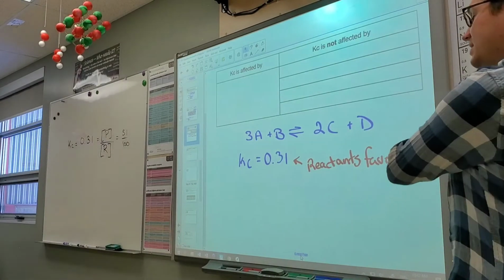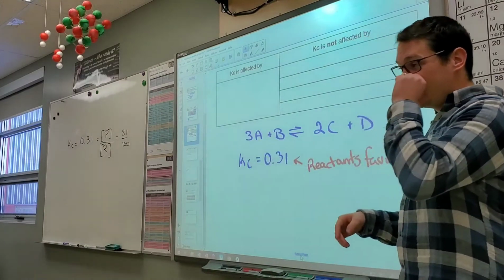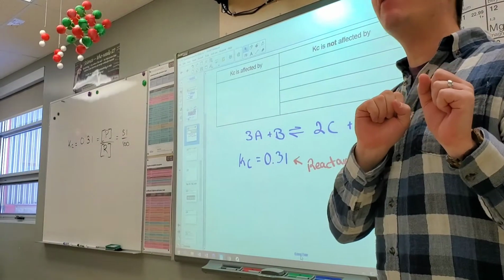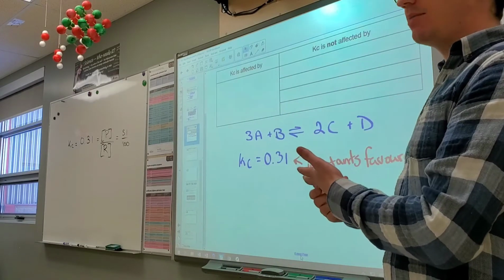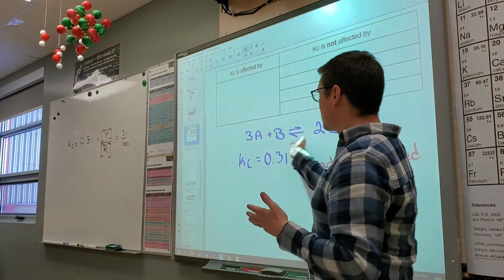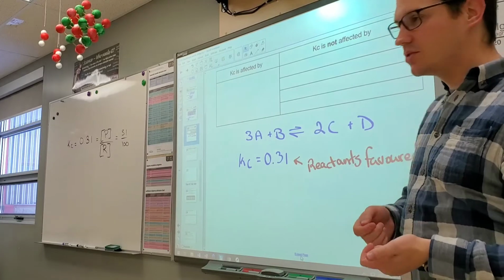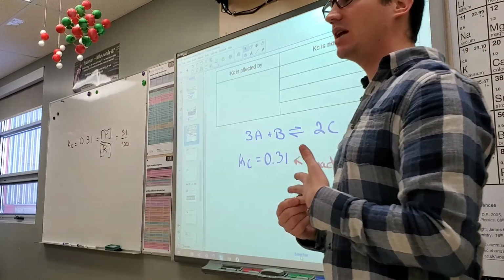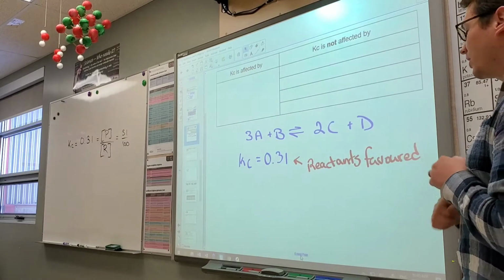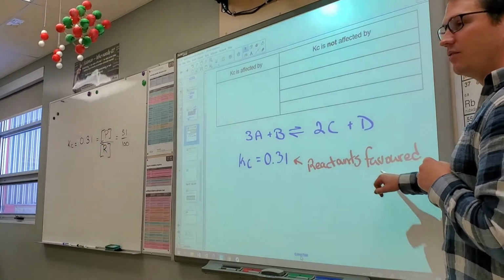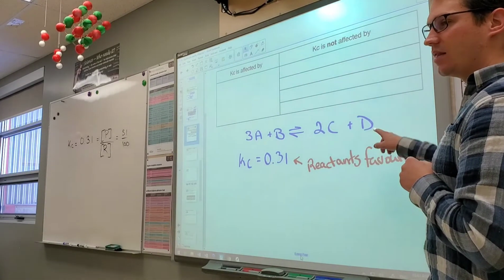Which of these four substances do you expect to have the highest concentration once equilibrium has been established? What I want you to think about is, what does reactants favored mean? What are the reactants in this equation?